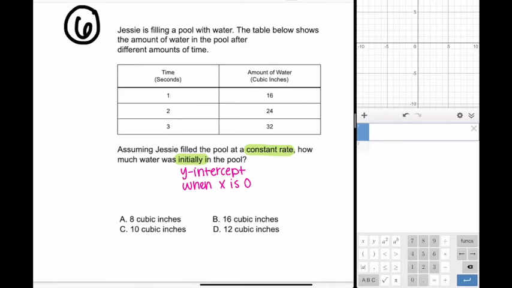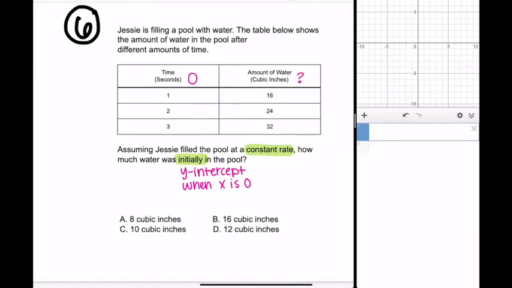So if the time is 0, we can find the amount of water that was in the pool by using the rate of change, since this is a constant rate of change. So the rate of change from 16 to 24, that is plus 8. 24 to 32 is plus 8. So what number would we have to add 8 to in order to get 16?